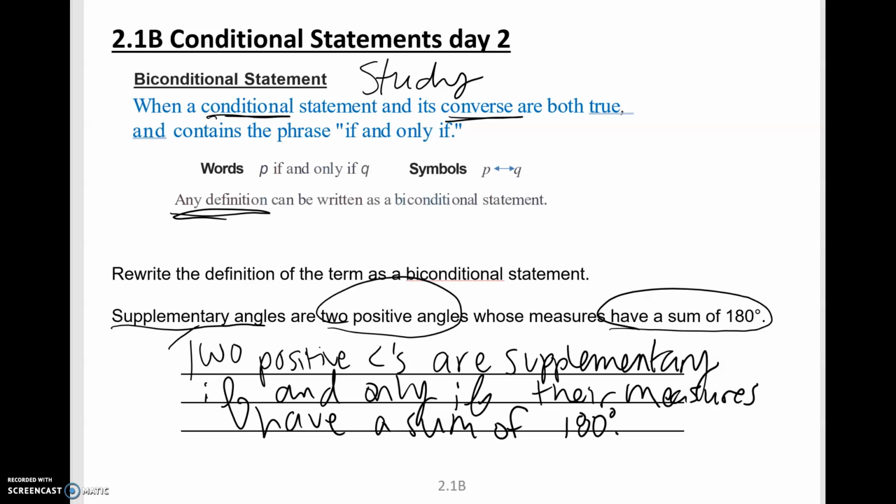Okay, so that is an example of a biconditional statement. You're using your two parts and you're putting "if and only if" in the middle.